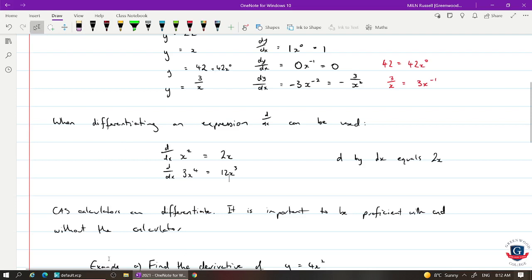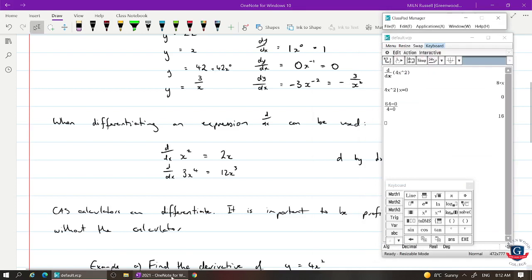Now your graphics calculator, or your CAS calculator, can also differentiate. So with this, we'll go down to the Maths 2 template, and it will allow us to produce this statement here. I might just remove it so that we do it together. Press the d on dx button, press x on your keyboard.